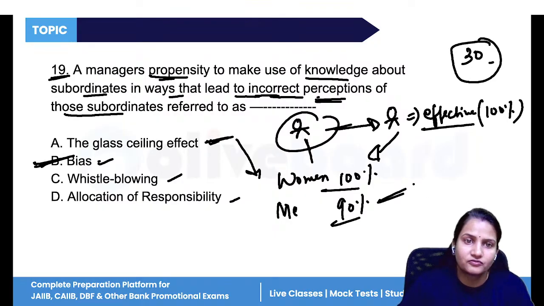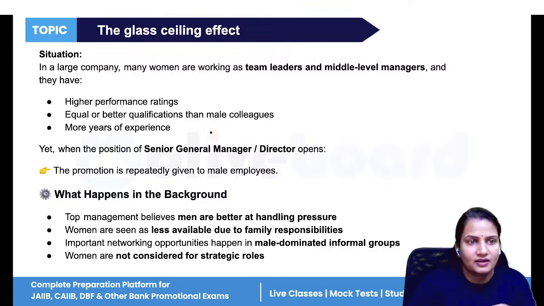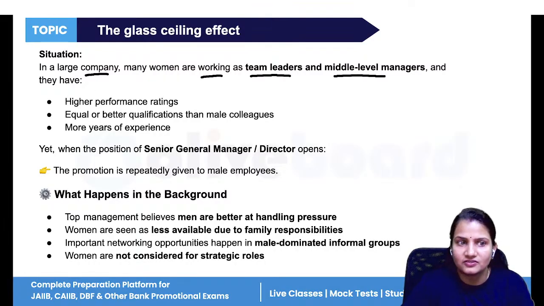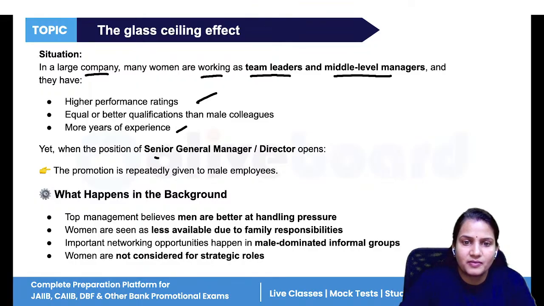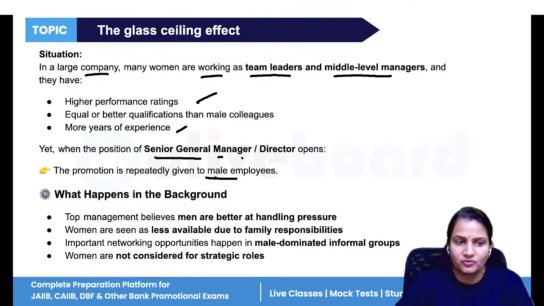The employee of the month is given to the man. So that is what the glass ceiling effect means. In large companies, many women are working as team leaders and middle level managers, and they have higher performance ratings, more years of experience. But still, when the time comes to give the appraisal, give the position, the senior general manager position is given to a male employee. So the promotion is given to the male employee.